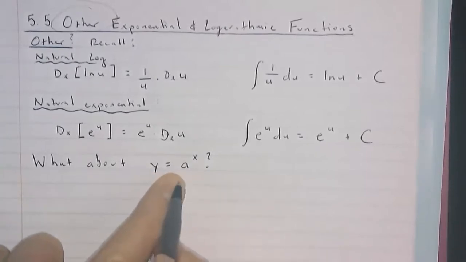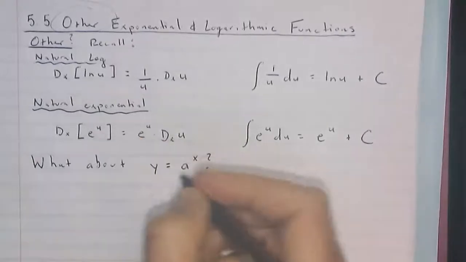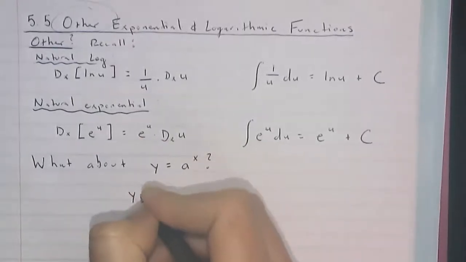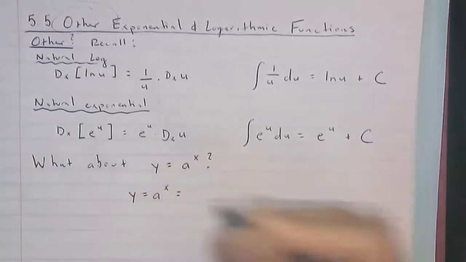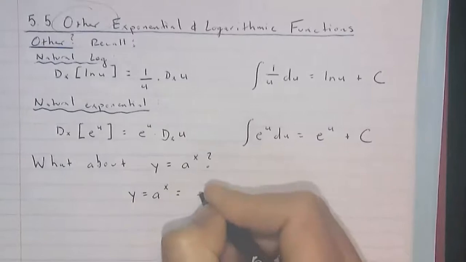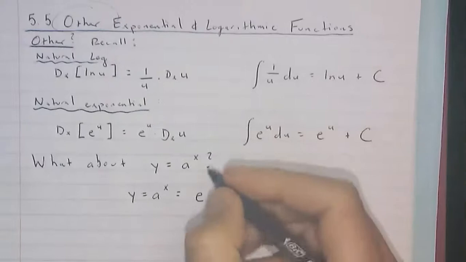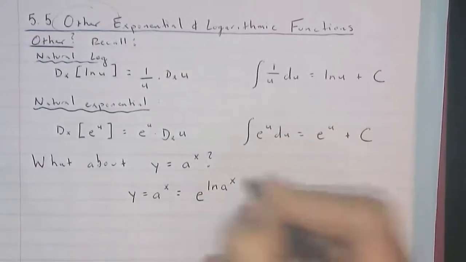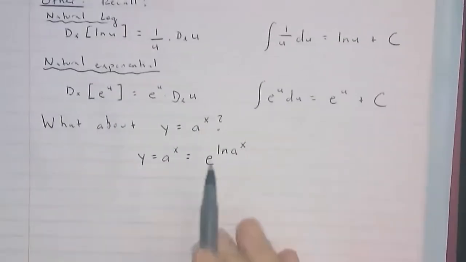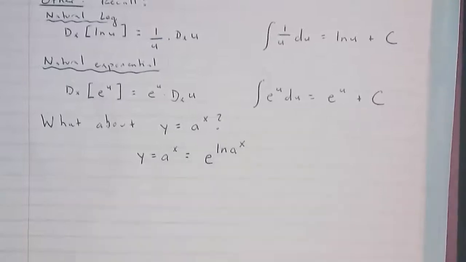We could define a to the x in terms of the natural exponential function by saying that y equals a to the x is the same as e to the ln of a to the x, because the e to the ln cancels out and you get a to the x.